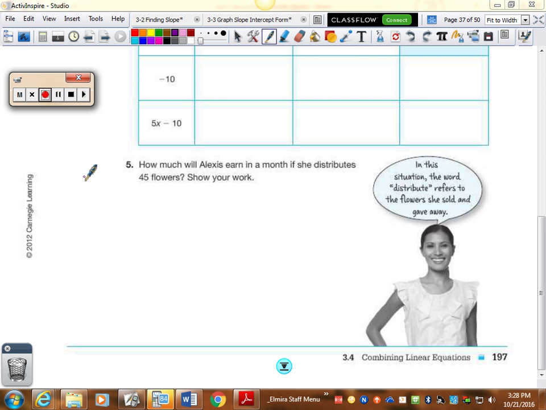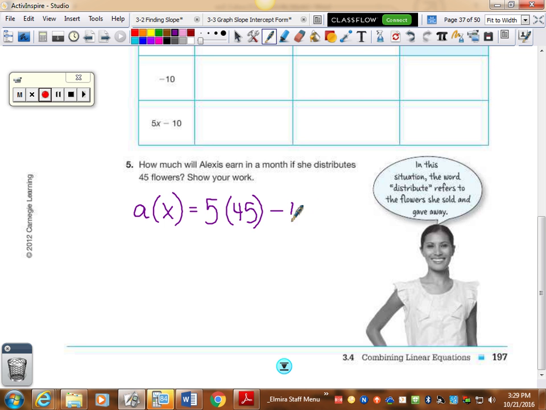On the next page, we're going to practice subbing in. How much will Alexis earn in a month if she distributes 45 flowers? Show your work. So we can pick either of the equations from the previous page. A of x equals 5 times 45 minus 10. I'll just use the y equals mx plus b one.